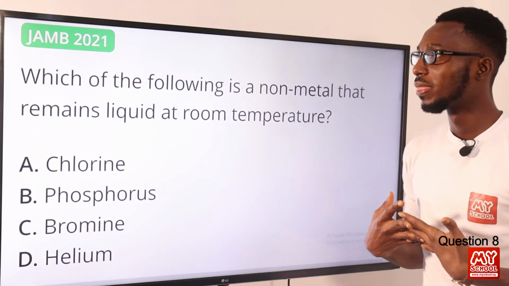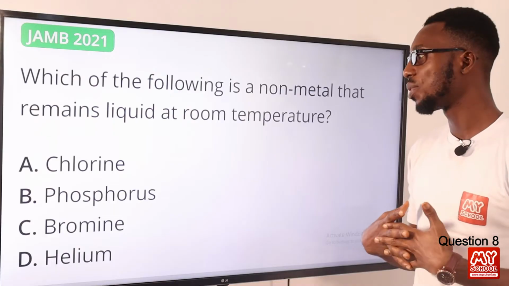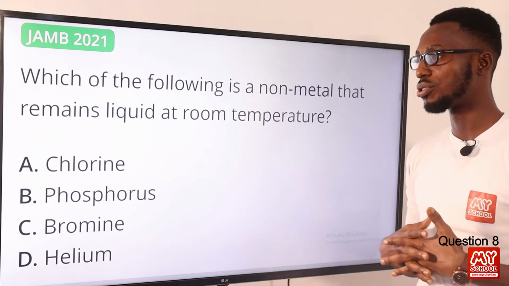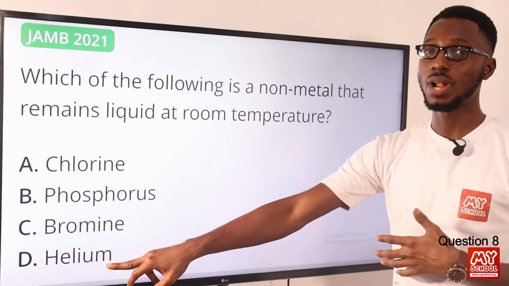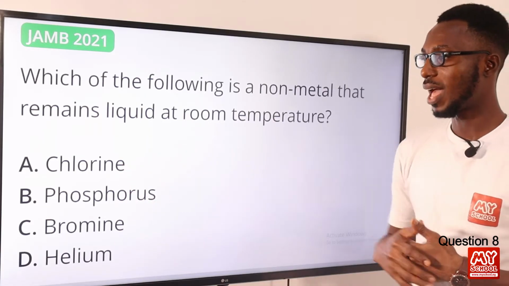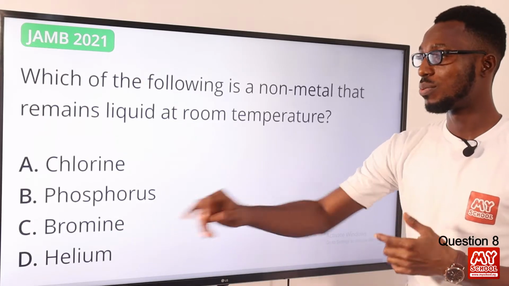Question 8. Which of the following is a non-metal that remains liquid at room temperature? All right, so gas, monoatomic gas, diatomic gas. This one is liquid at room temperature.